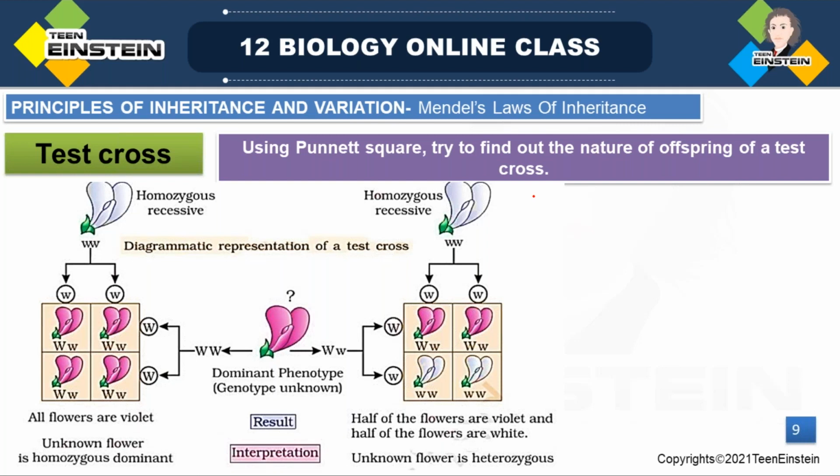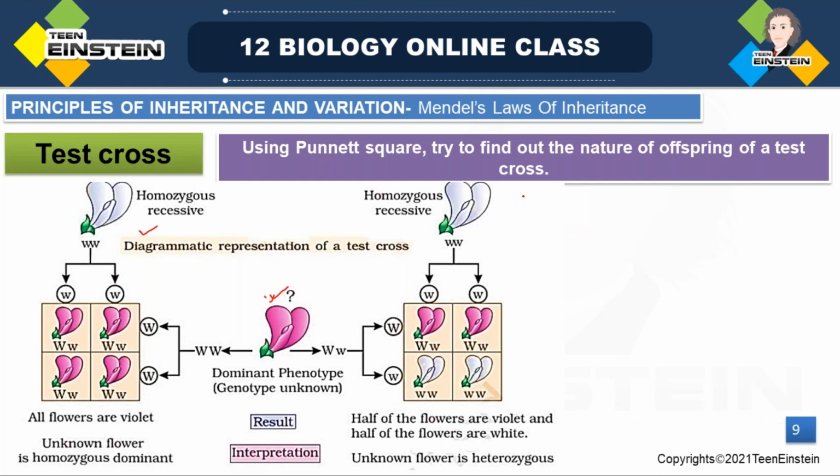So here we are considering another character. The test cross here we are doing with violet color flower. You can see this is the violet color flower, and this is the white color flower. In this, violet color is dominant, and white color is recessive.